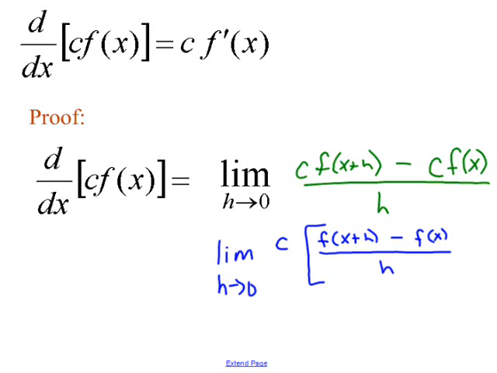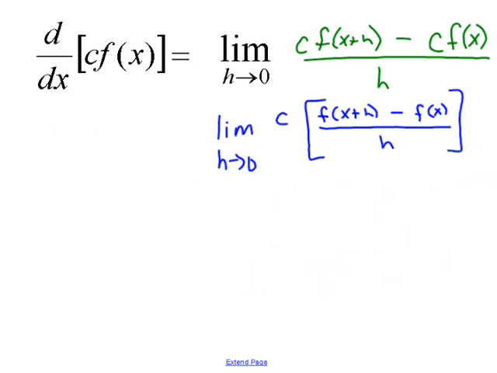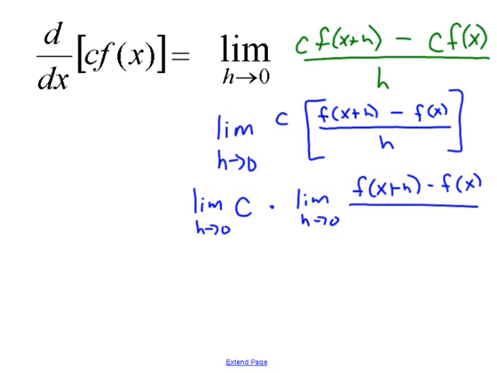all over h. And then we got to go back to our limit laws that we learned in our first chapter, which tells me if I have the product of two things, I can look at the limit of each one separately. So the limit as h approaches 0 of c times the limit as h approaches 0 of all of this stuff.